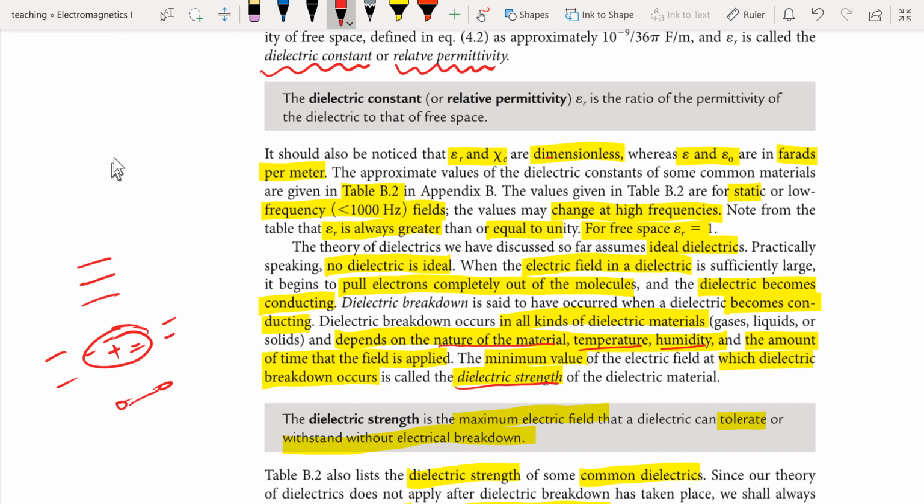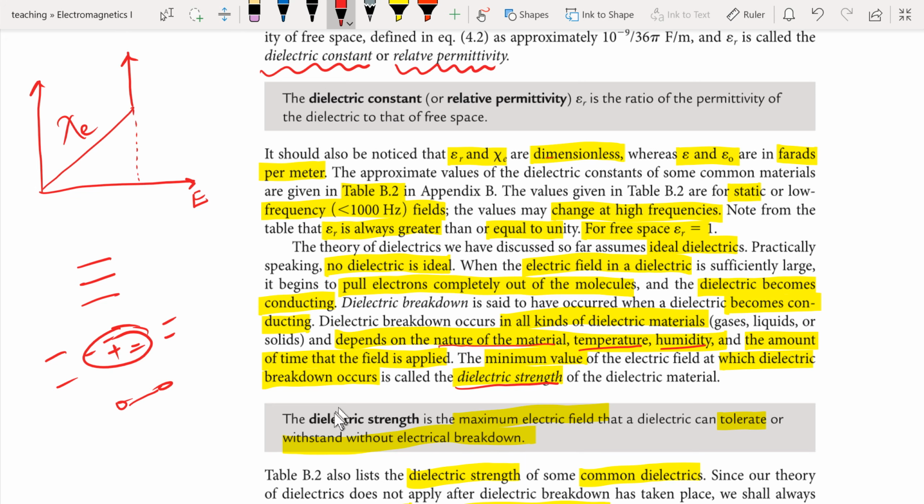So if we are increasing the electric field and the susceptibility is increasing as a function of psi, and at some point the material begins conducting, this value of E is called the dielectric strength.